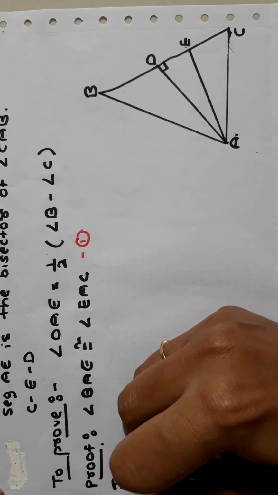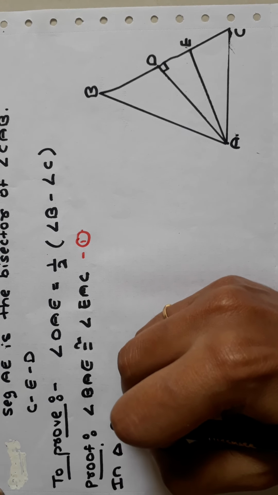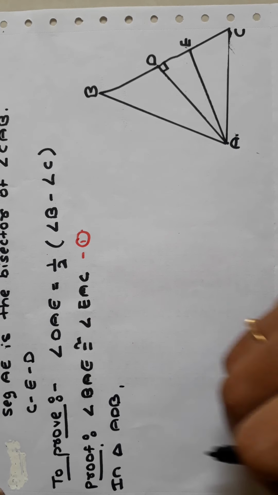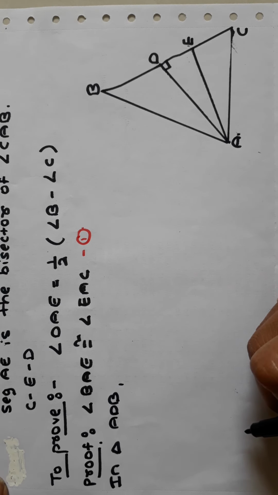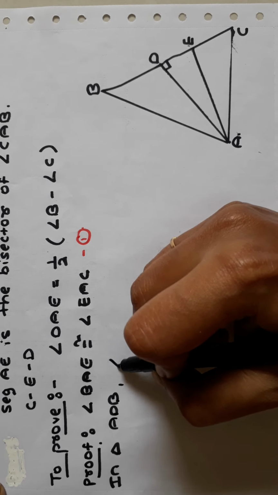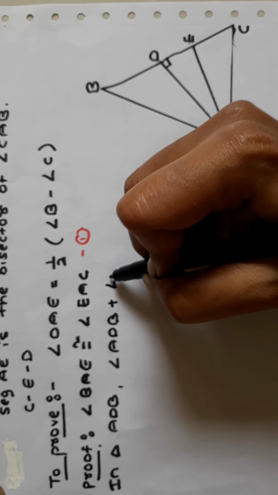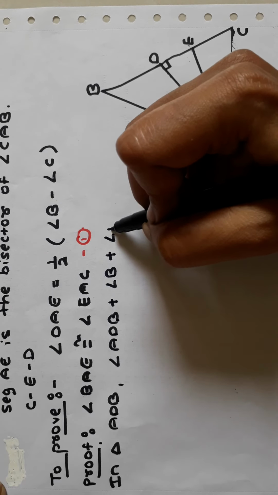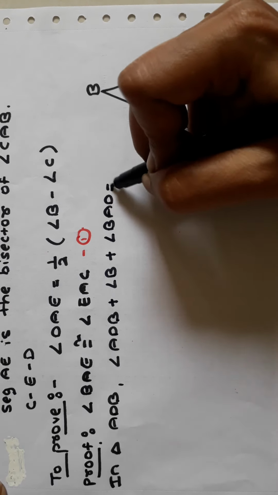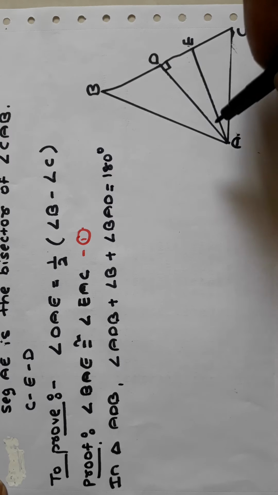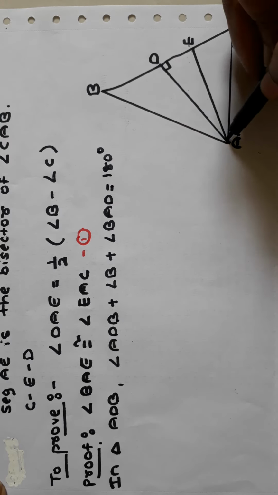Now in triangle ADB, the sum of measures of angles of a triangle ADB is 180 degrees. That means angle ADB plus angle B plus angle BAD is 180 degrees for this triangle ADB.